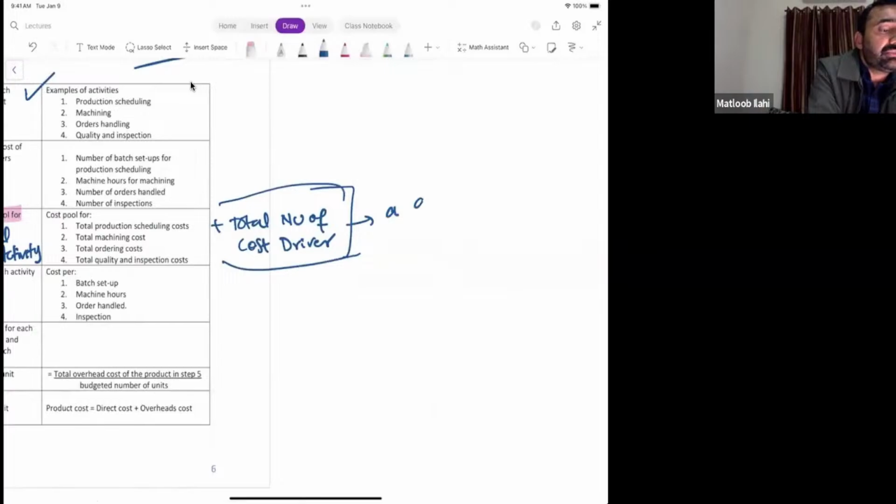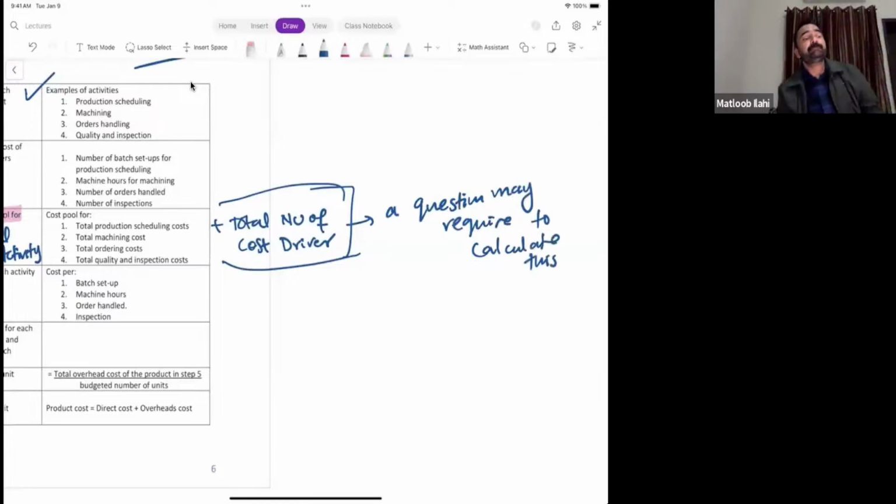A question may require you to calculate this. Okay, so you should know that sometimes a question may ask you to calculate the total number of drivers.